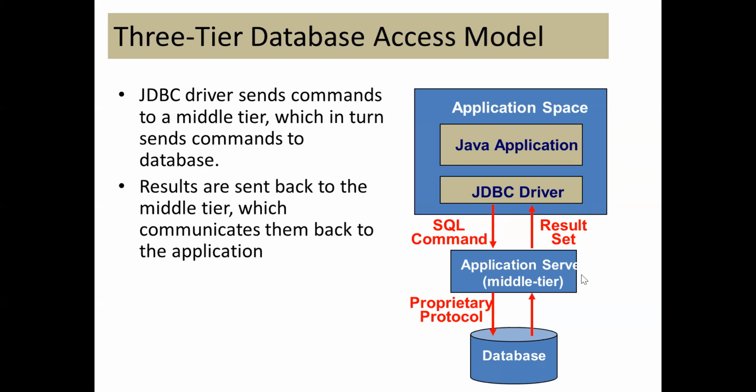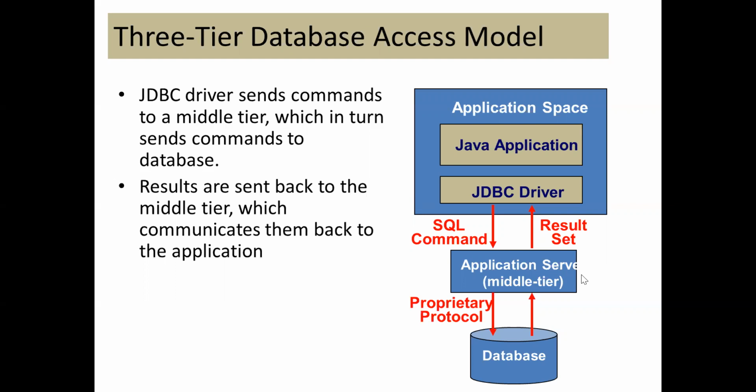So when you access the database from the Java application directly, there is a middle tier, which we can call an application server, between the application space and the database.